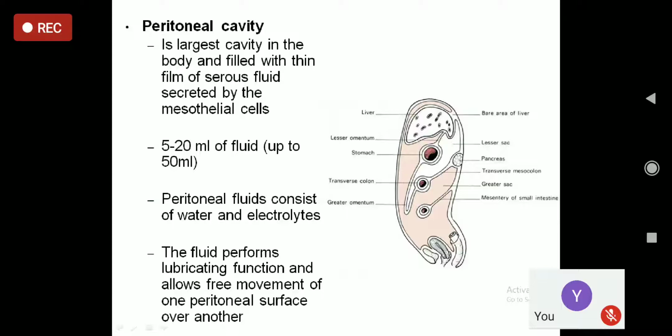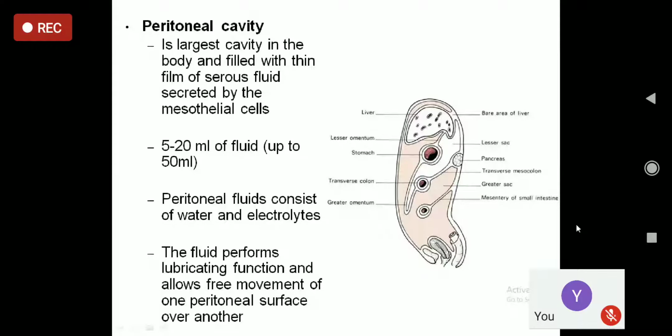The peritoneal cavity is the largest cavity in the body and is filled with a thin film of serous fluid that is secreted by the mesothelial cells. As we know, the mesothelial cells are lined by simple squamous epithelium, and the secretion is known as peritoneal fluid. This peritoneal fluid occupies the peritoneal cavity, and it is around 5 to 20 ml. It may be up to 50 ml, depending on the individual.